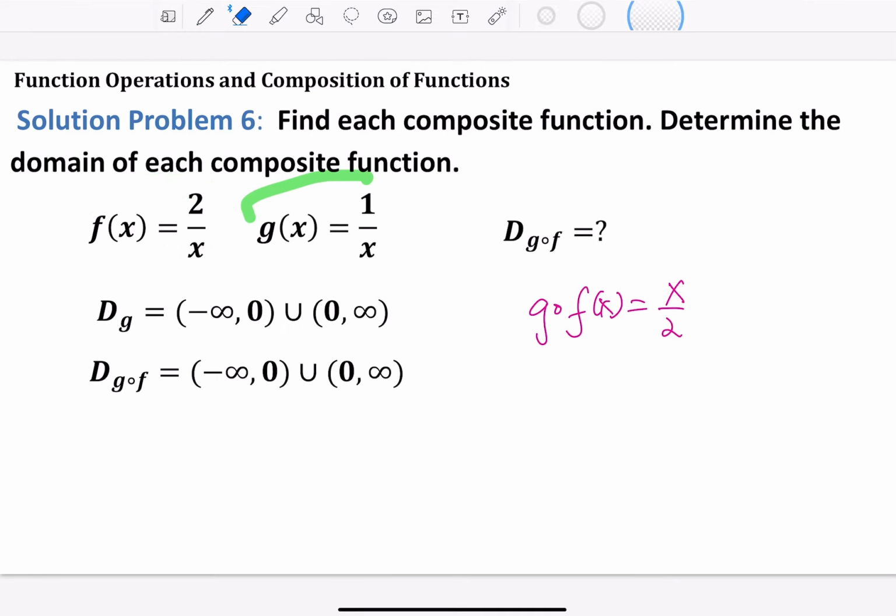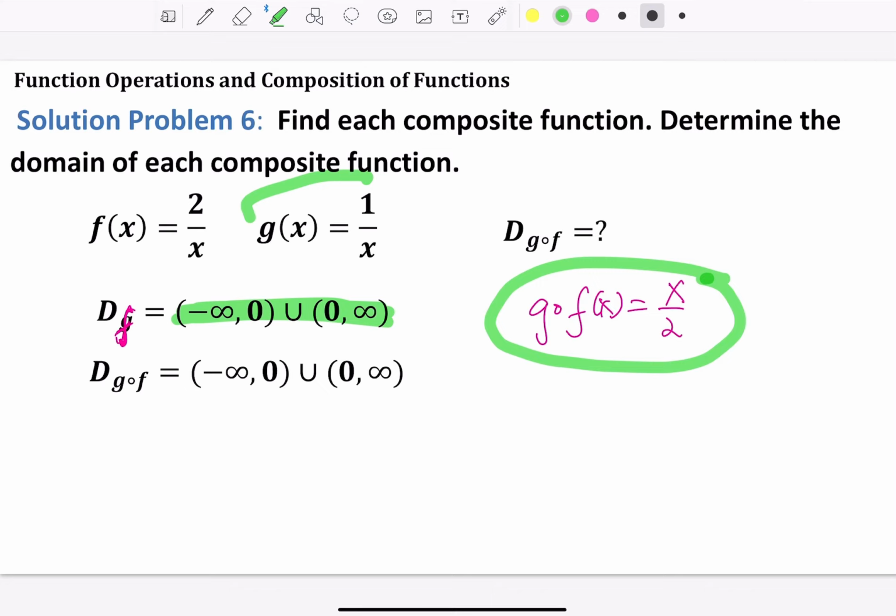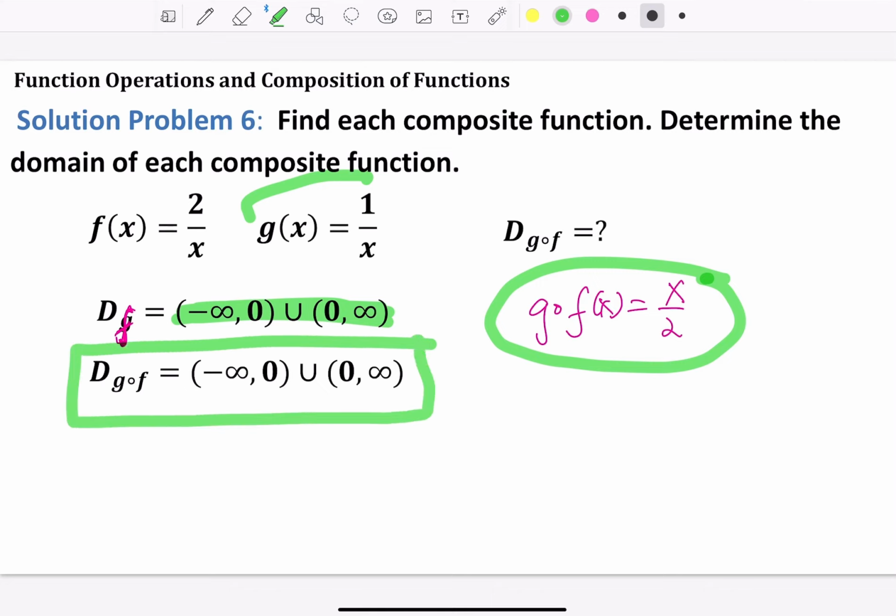It's going to be the domain of f now. So other than 0, all the values are allowed, and all these values are also okay with g of f of x because they don't make it undefined. So our domain for g of f of x is going to be negative infinity to 0, union 0 to infinity. We will be excluding the 0 from the domain.